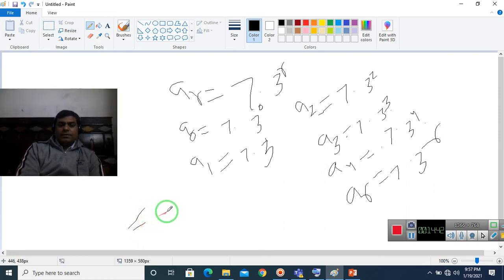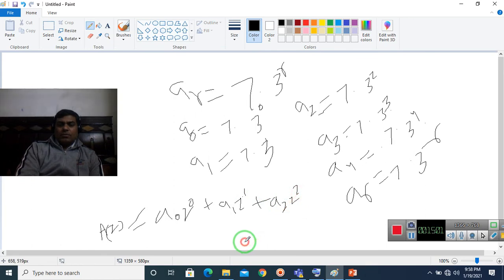We know that the generating function is A(z) equal to a0 z0 plus a1 z1 plus a2 z2 plus a3 z3 plus up to ar zr.